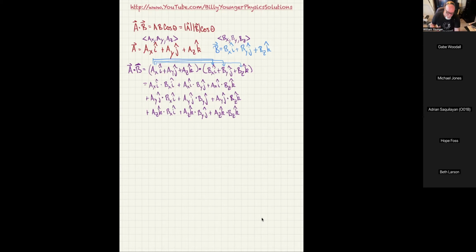Now, if we go on the assumption that this dot product is a linear operator, what I mean by that, because I'm literally defining this for you right now, is that you can take the dot product and pull all the scalars through it that you want. So, for instance, I could take this a_x and put it in here, or I could take this b_x and pull it out here, and it wouldn't change anything.